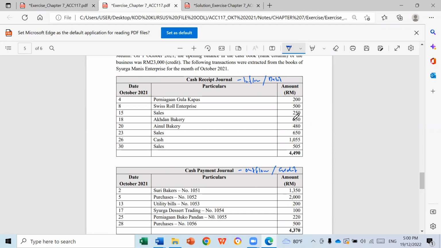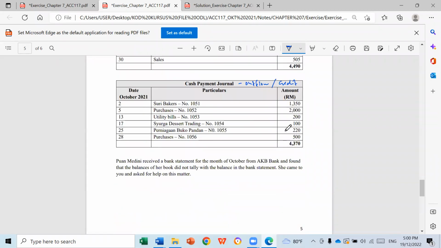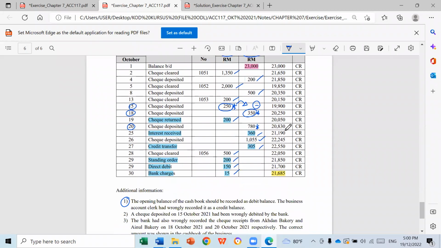the difference. As for the Ainul Bakery, the correct amount should be 480, but the bank had record as 780. So what you need to do, you need to follow the error made by the bank. So you have to add the difference. You have to add more to follow the error made by the bank.